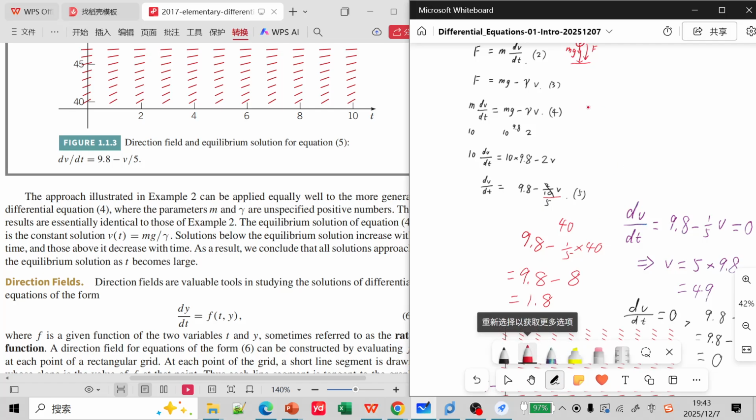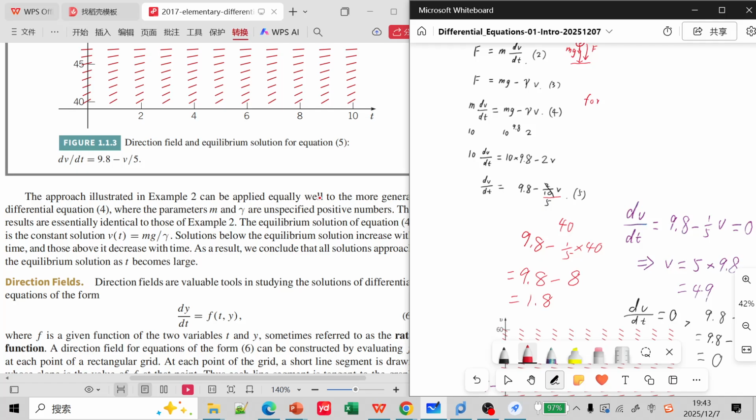Let's assume unspecified positive numbers m and gamma.